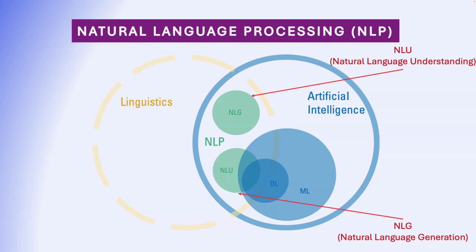But what is NLP? Natural language processing, to repeat it again, or NLP, is a branch of computer science and artificial intelligence which applies machine learning, and through that it helps computers comprehend and interact using human language.